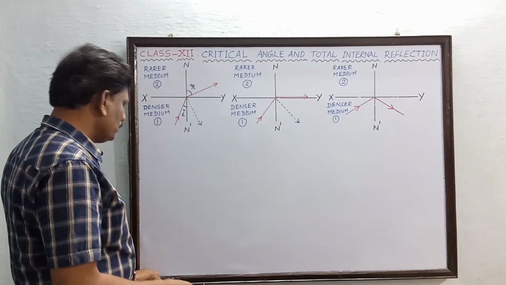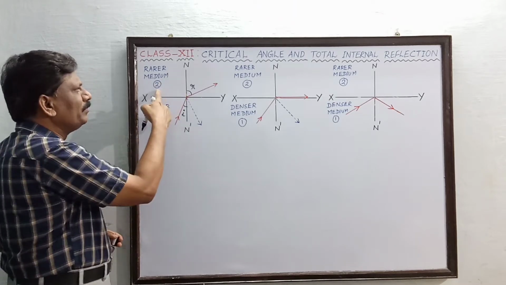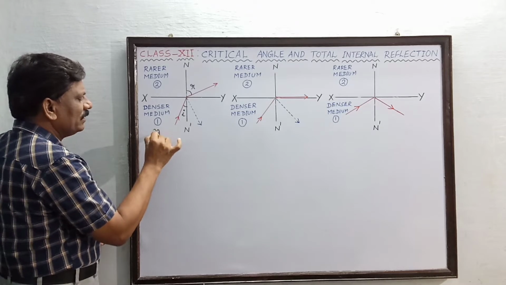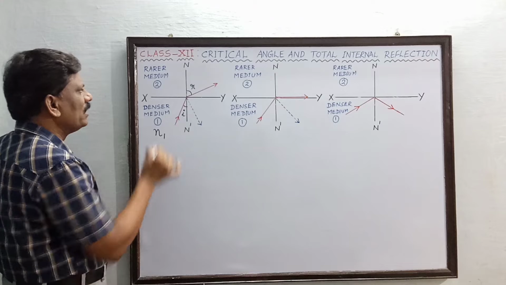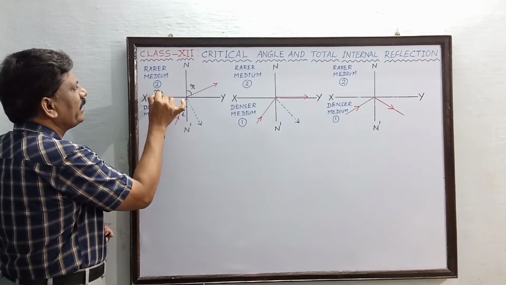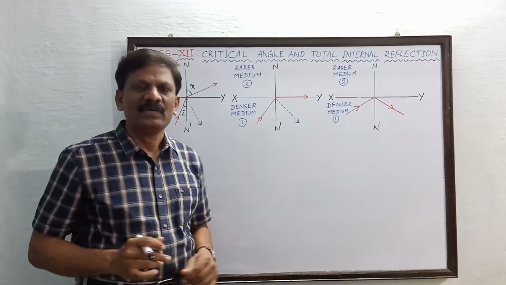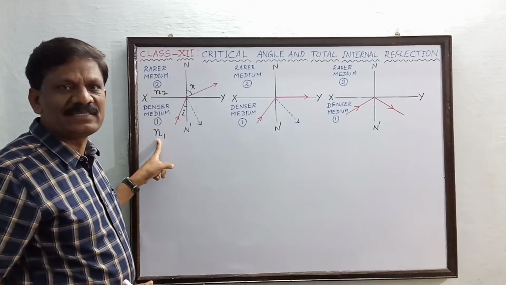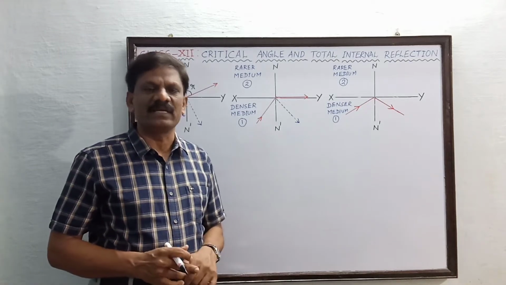Now let us take the denser medium as 1 and the rarer medium as 2. The absolute refractive index of the first medium is N1 and the absolute refractive index of the second medium is N2. If there is only one subscript following the refractive index symbol N, then that is called the absolute refractive index.